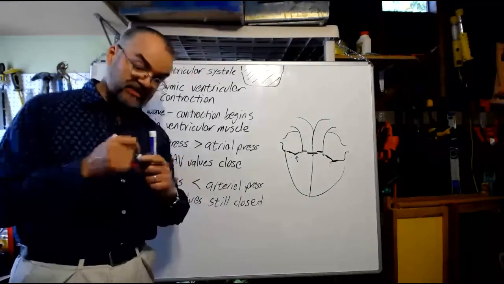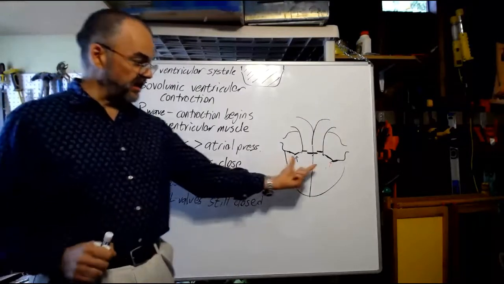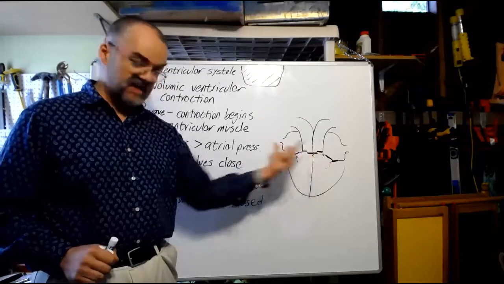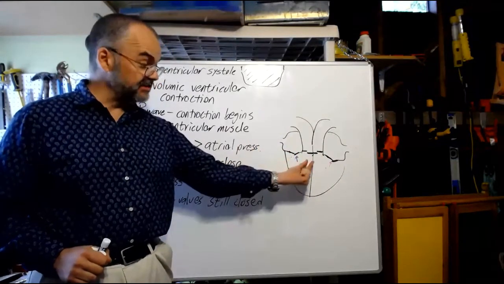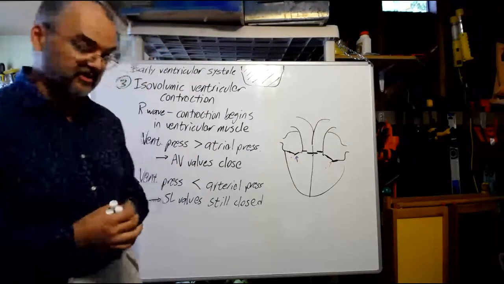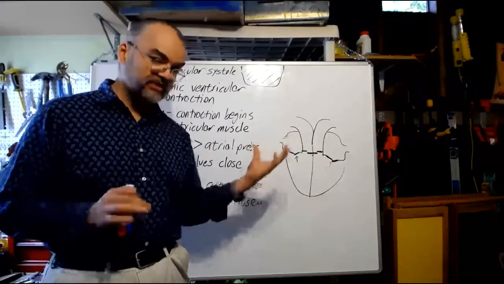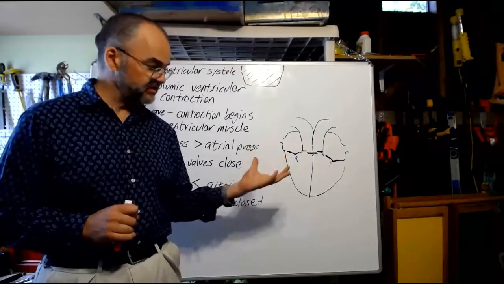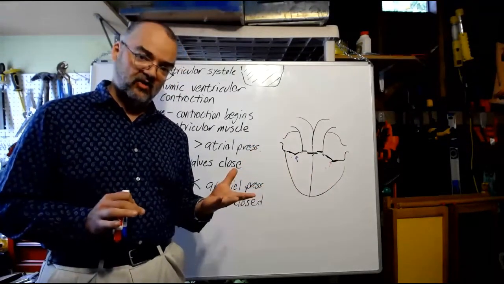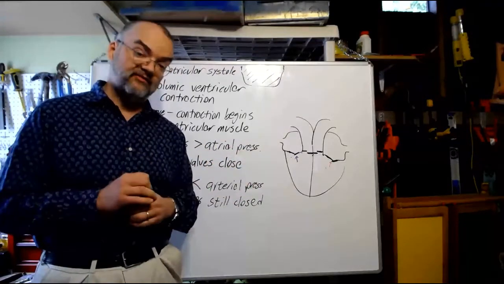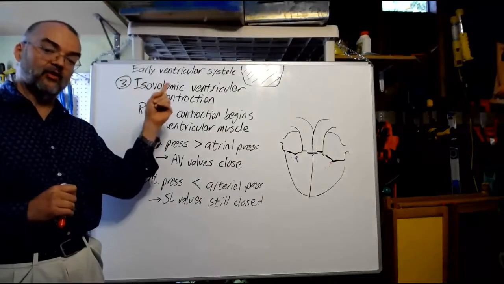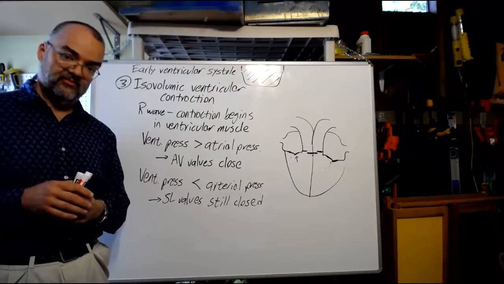So for a moment here, we have a time when no blood is getting into the ventricles because those AV valves are closed, and no blood is leaving the ventricles because the semilunar valves are closed. Here at the beginning of ventricular contraction, we have a short time, a few dozen milliseconds, when the ventricles are squeezing but there's nowhere for the blood to go, which means the amount of blood in the ventricles isn't changing during this time, hence the name isovolumic, same volume.